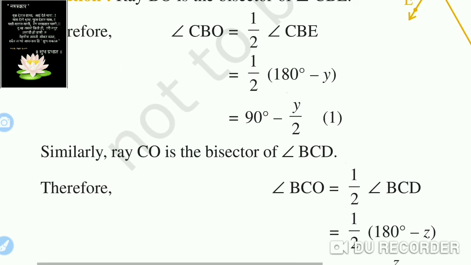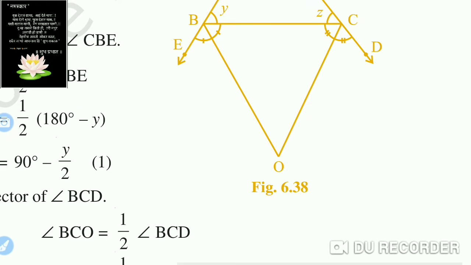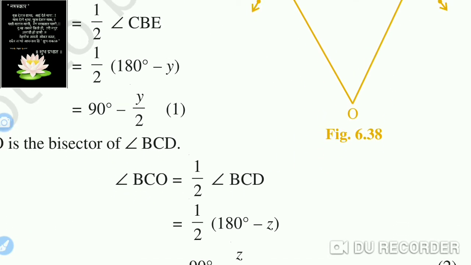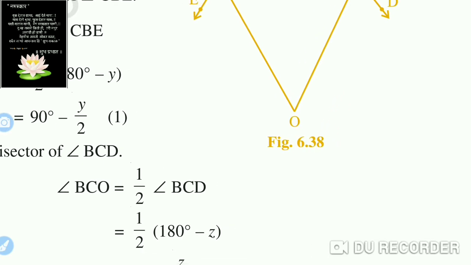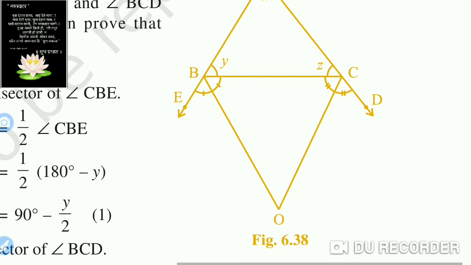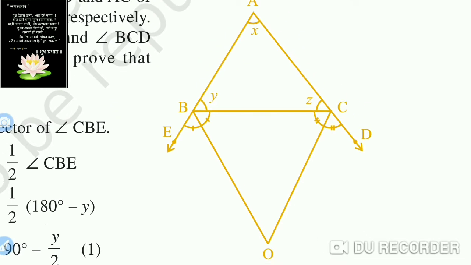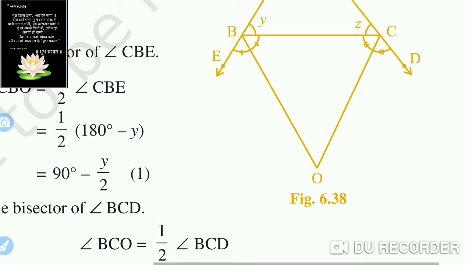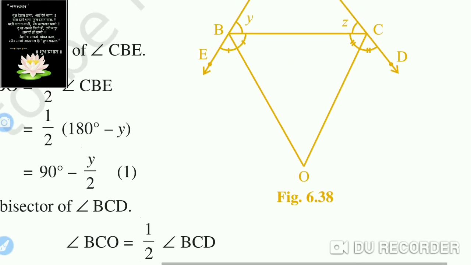So again CO is the bisector of BCD. So similarly, see here, BCO is equal to 1 half of BCD. Then you can observe that BCD and BCA are linear pairs.